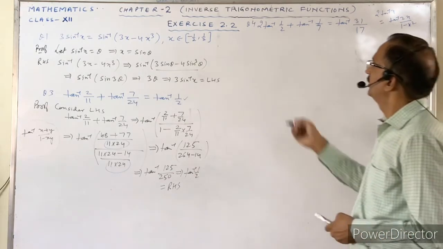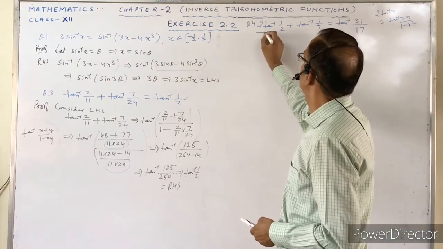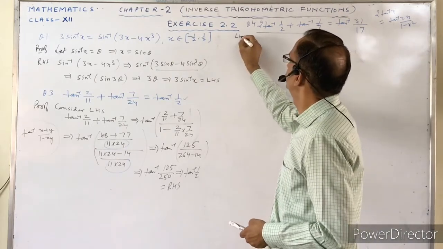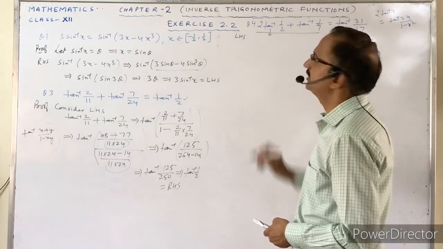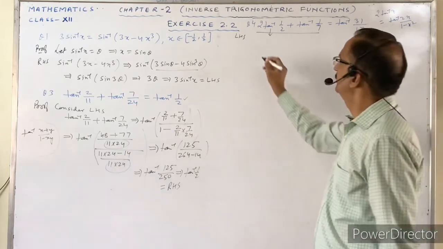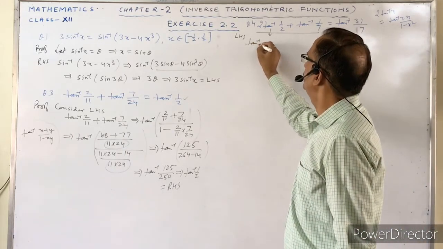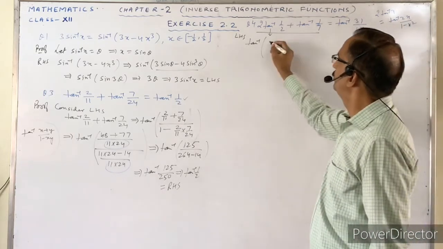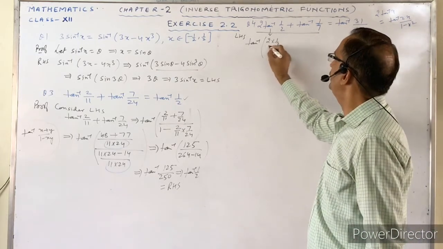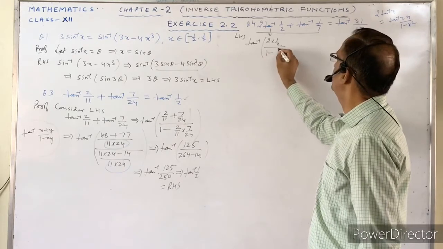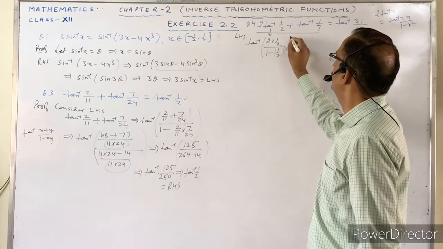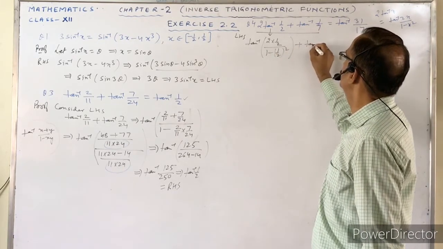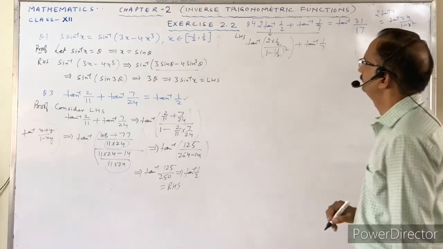So we will consider this left hand side, and in place of this we can write tan inverse 2x, meaning 2 multiplied by 1 by 2, upon 1 minus 1 by 2 square, and there is no change in the second term.